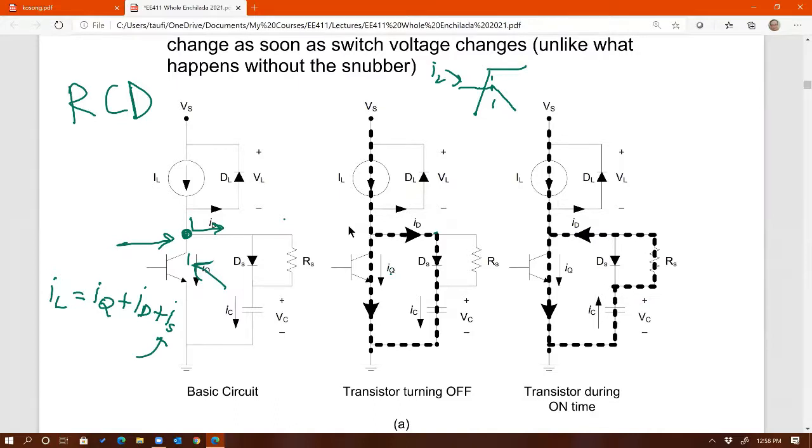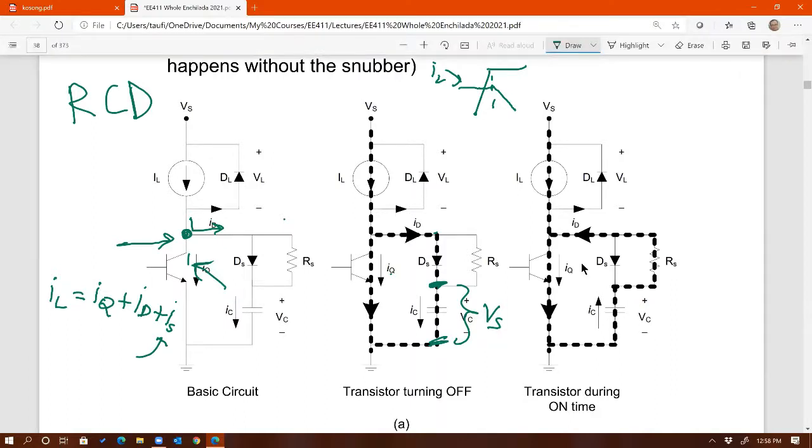All right, so that happens during the turn-off switching. At the end of the transition, once the turning off is done, this capacitor will have Vs, as I said earlier. So now it's fully charged. And then what happens when the switch turns on? When the switch turns on, we want to discharge this capacitor. On the right-hand side right here, that's when the switch is on.